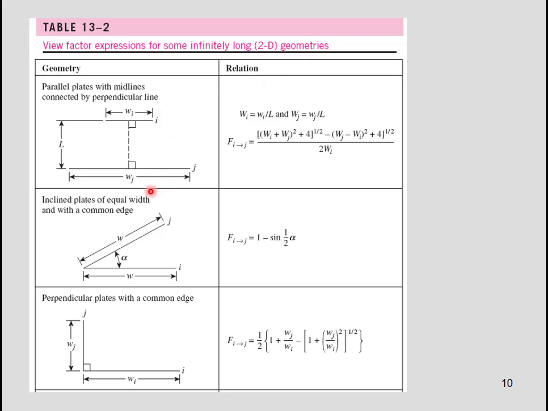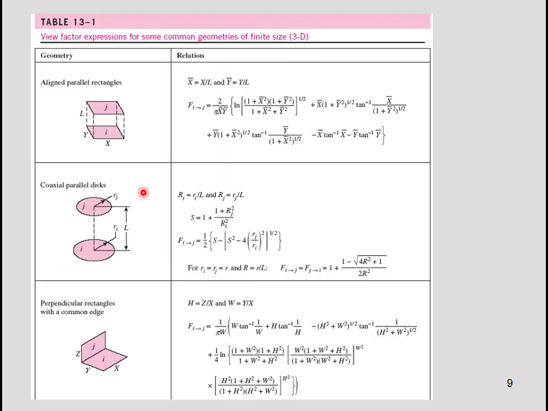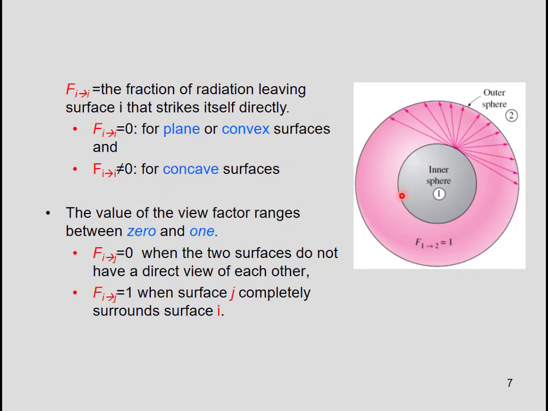If you notice about the view factor, when we have some geometries like ducts or tubes or concentric or coaxial tubes, let me find an example of that, like this one.